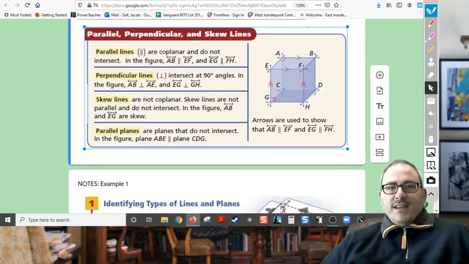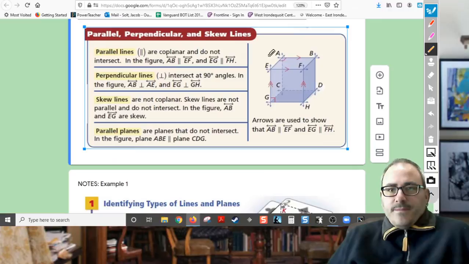Okay, so let me find line AB. There's A, there's B. So line AB means all of this. That's what is meant by line AB, right? And extending infinitely in two directions too. And then where's EF? There's EF right there. Trying to get it more exact.